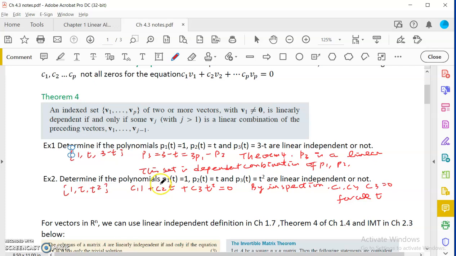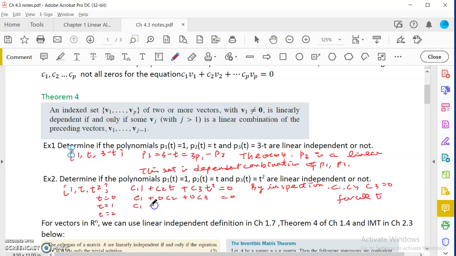So if you really want to prove it, this is actually quite sufficient. But if you really want to prove it, you can set t equal to 0, t equal to 1, because t can be any number, right? So plug in to see what happens. Pretend that we can find c1, c2, c3 to do that. Then at t equal to 0, I have c1 plus 0 c2 plus 0 c3 equal to 0.